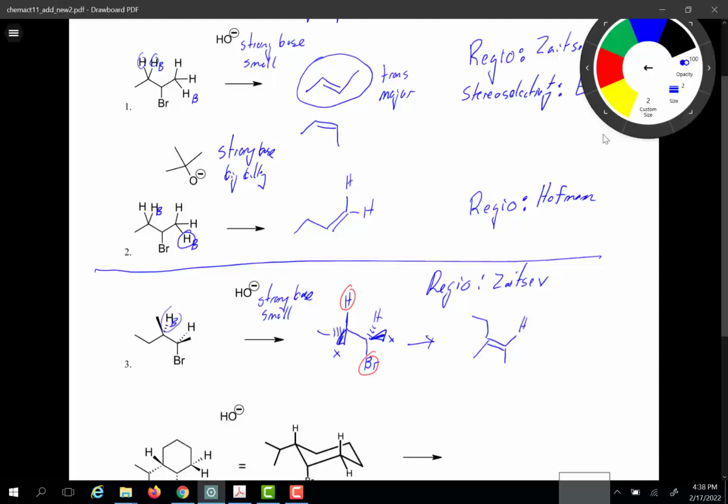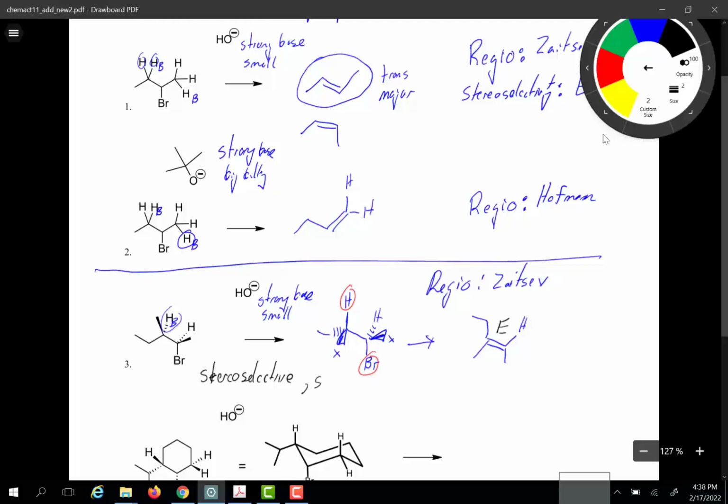We would say that this reaction is both stereoselective and stereospecific. Let me write this down. It is stereoselective because one particular stereoisomer is formed over the other stereoisomer. And in this particular case, you can see that the stereoisomer that is formed preferentially is our E stereoisomer.